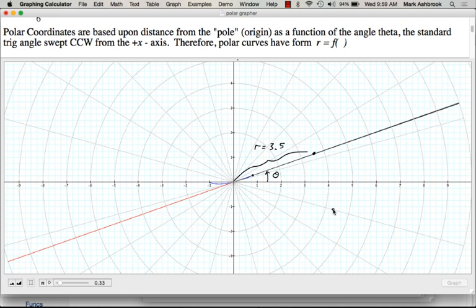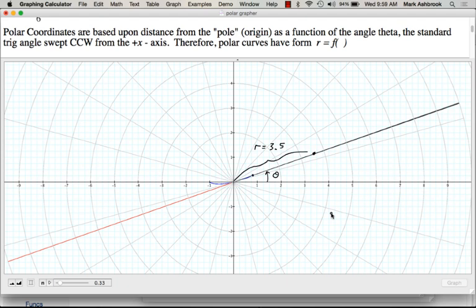Usually we're going to work in radians mostly. Okay, and then you sweep an angle counterclockwise from the 3 o'clock position, just like the standard trig angle we've seen before. And then along that line of the terminal ray of the angle, you have the distance from the pole. So in this case, r is 3.5.